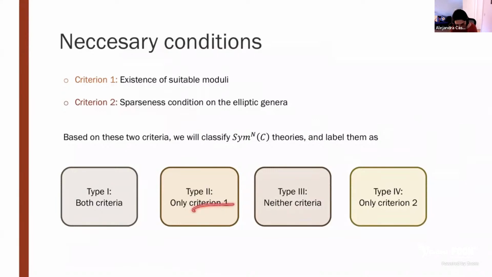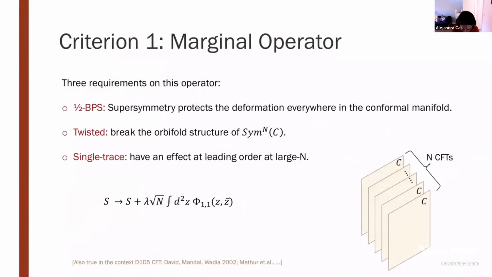Type 2 is where only the first criterion is satisfied, but not the second one. Type 3 is where neither is satisfied, and type 4 is where only criterion 2 is satisfied. Okay, very good. With that said, let's go first through criterion number 1.